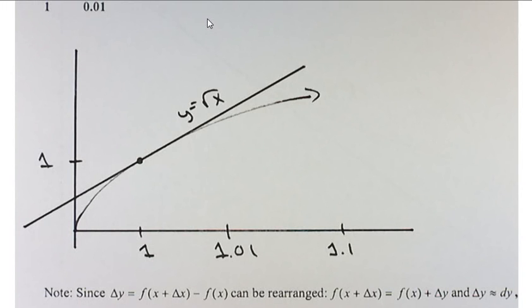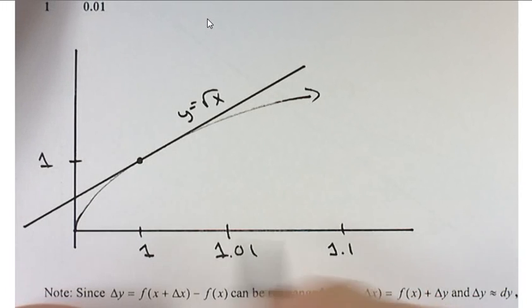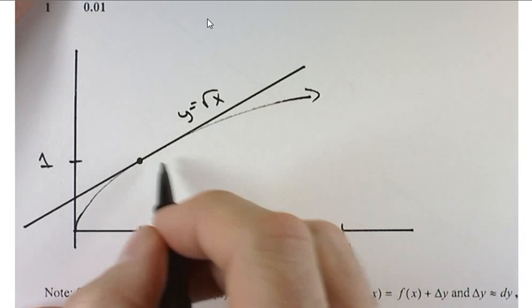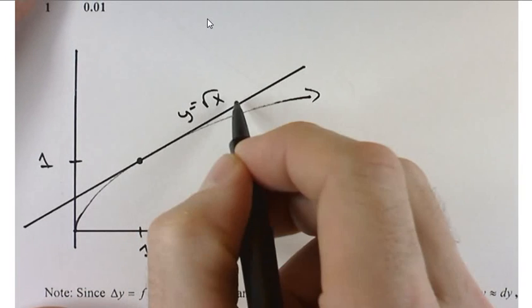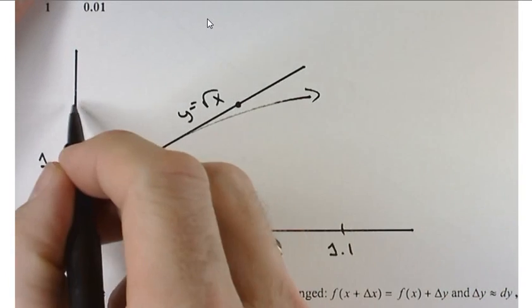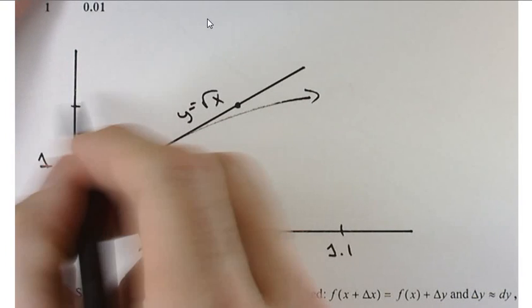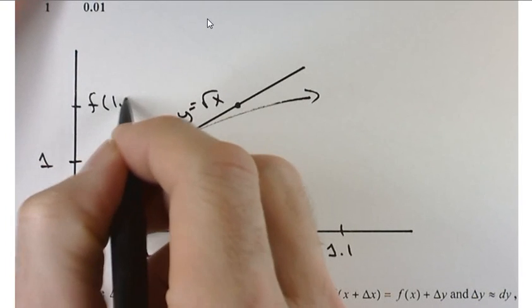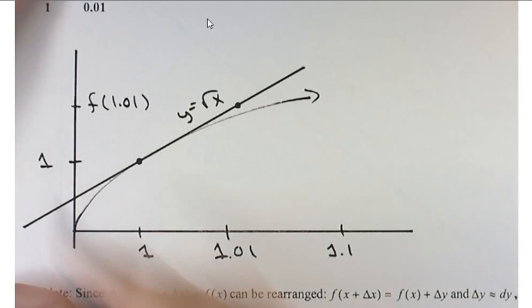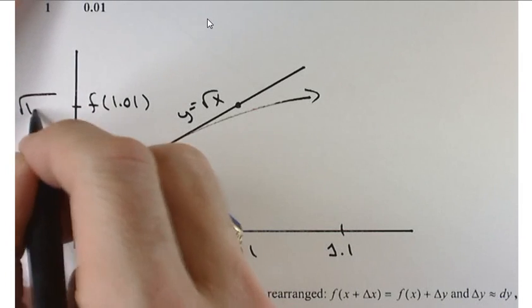So filling in some numbers here, let's go with this one. At 1.01, this is going to be f of 1.01, or the square root of 1.01.